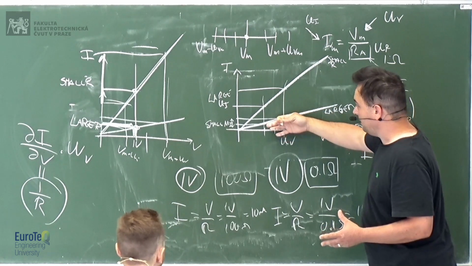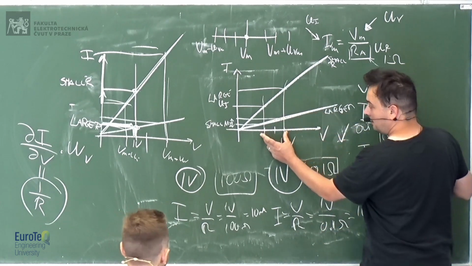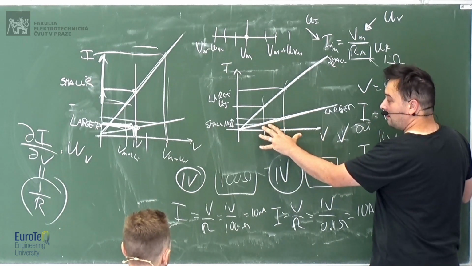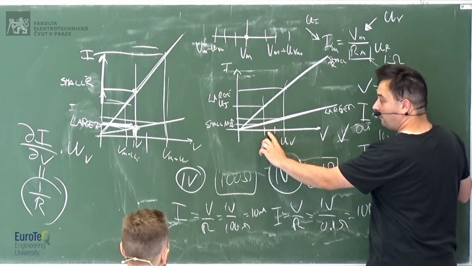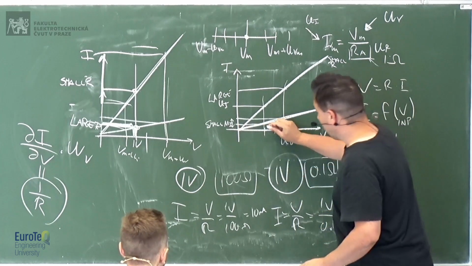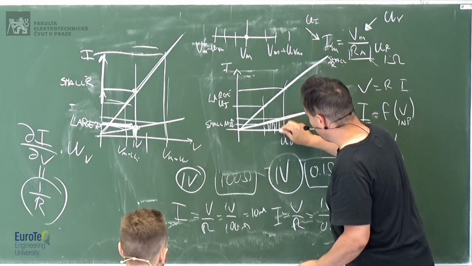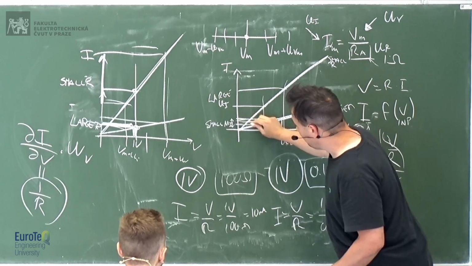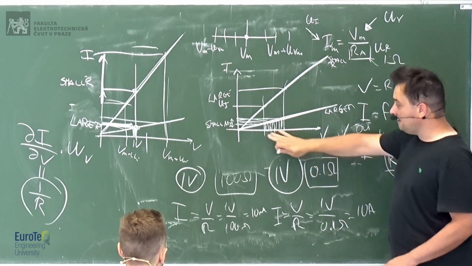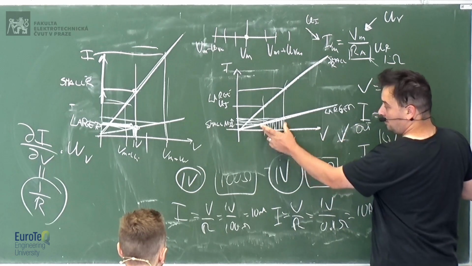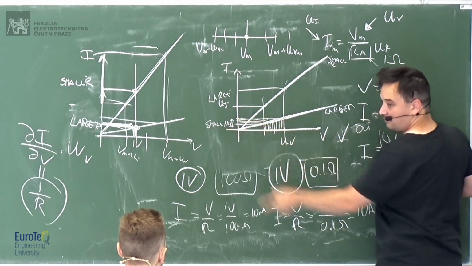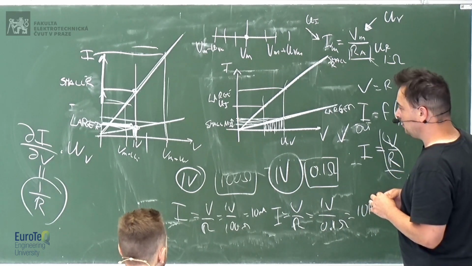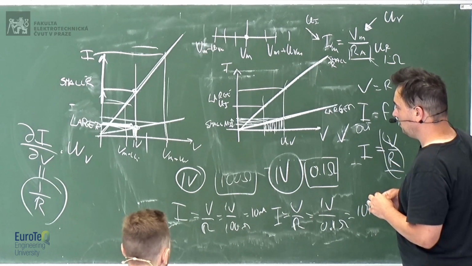If this is the characteristic which translates each point from voltage to current, you take each point of this characteristic, you translate into current, and then this range corresponds to this range of current.